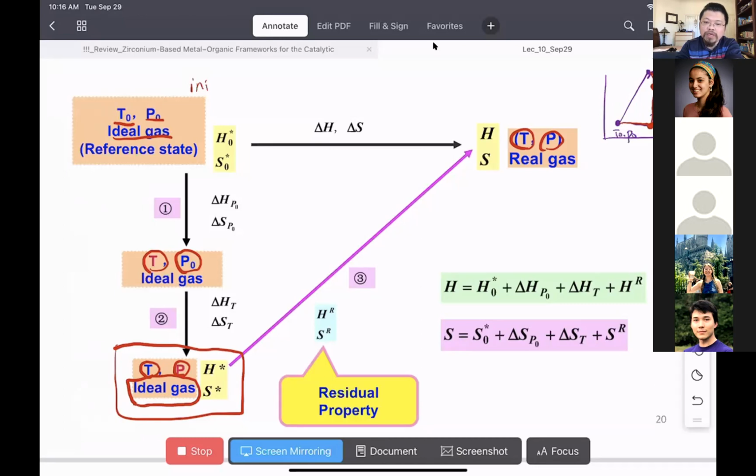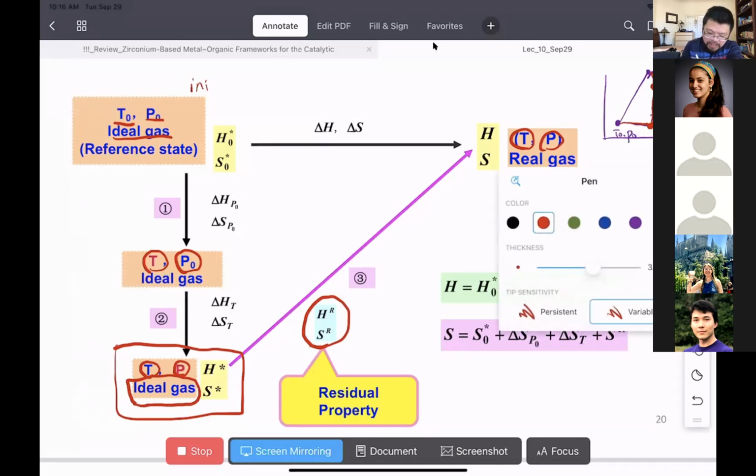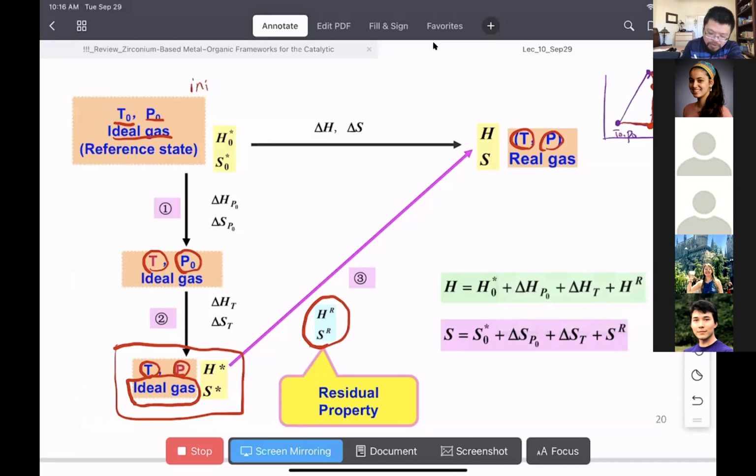Then what would be the difference between the assumption? And here we define this as the residual property.